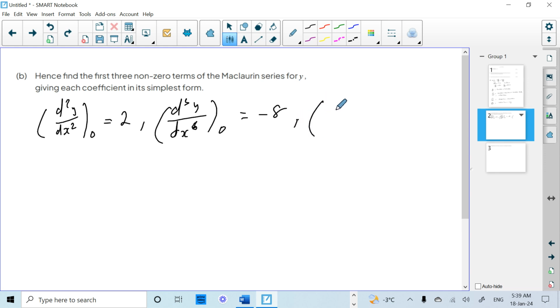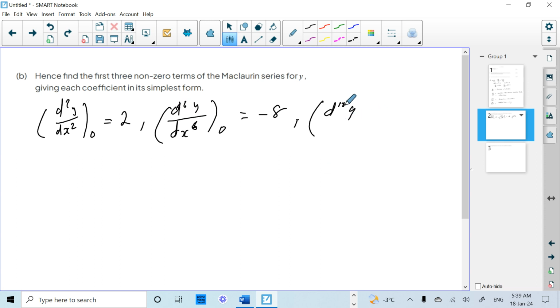And then the third one will be the 10th derivative. So I use 2, going up in 4s: 2, 6, and 10. Sorry, it doesn't look like a 6 here. Let's make sure that's a little bit clearer. Yeah, that's the 6th derivative.